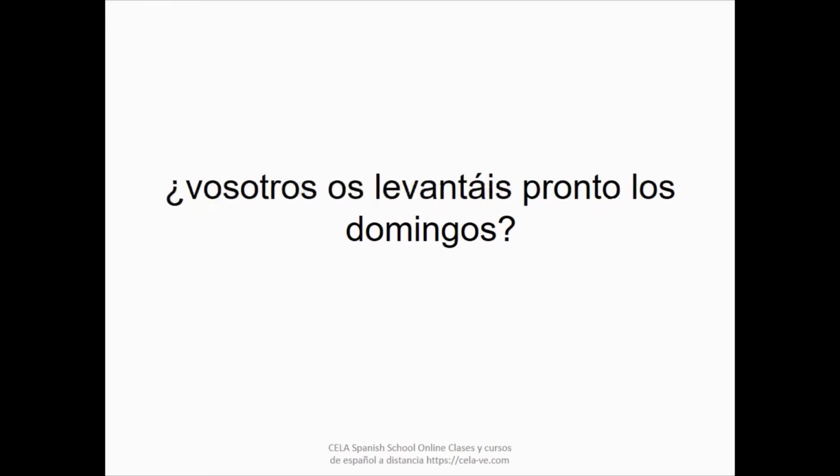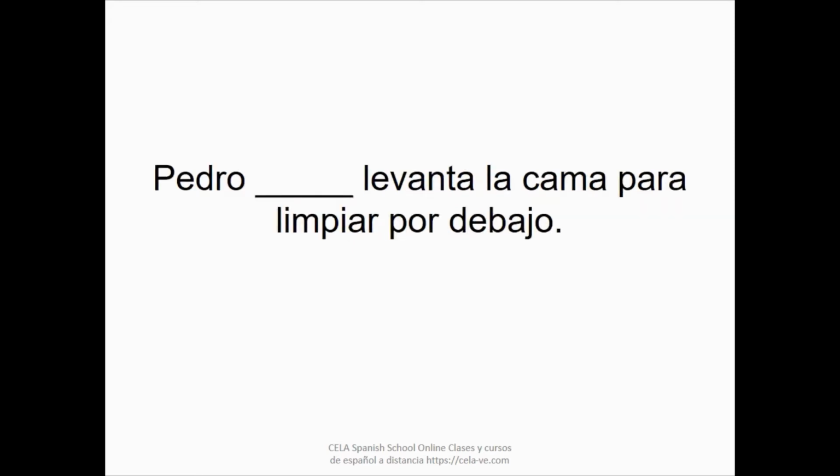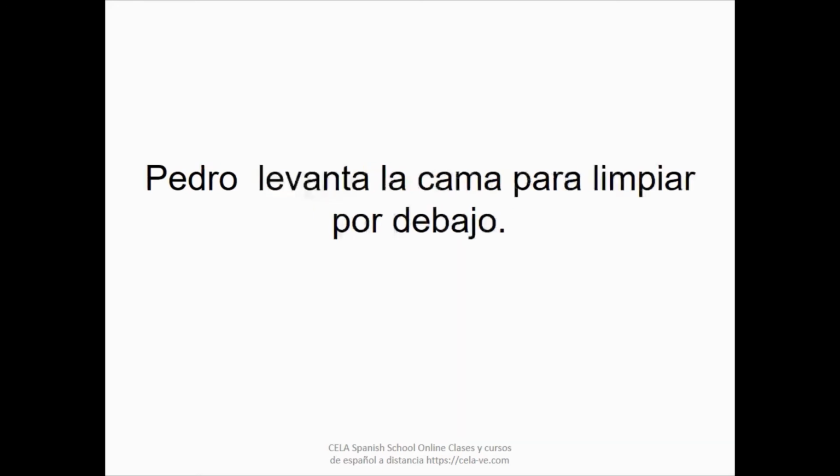Vosotros os levantáis pronto los domingos. Levantarse is reflexive. Vosotros is used only in Spain. In Latin America, we use ustedes. Ustedes se levantan temprano los domingos. Pedro levanta la cama para limpiar por debajo.